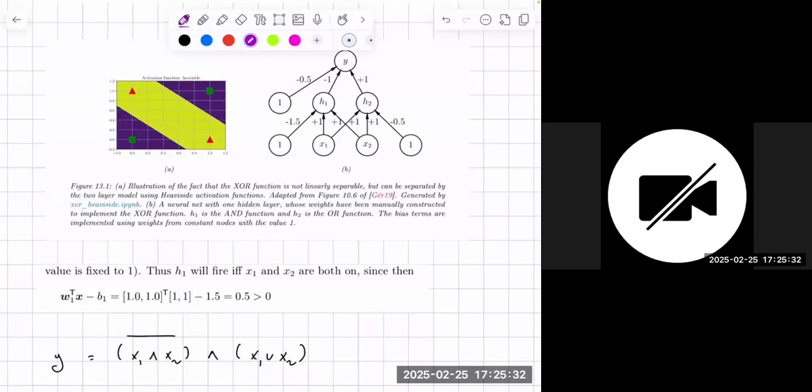You have to think about it to see that's what's going on. And then this guy will be this OR. And we're going to combine them as AND, and then this thing literally implements XOR. And this is a plot of that thing, okay? And this thing is called a multi-layer perceptron, MLP. And that's kind of the building block for many things still to this day. Okay, we are not going to use this type of activation function.